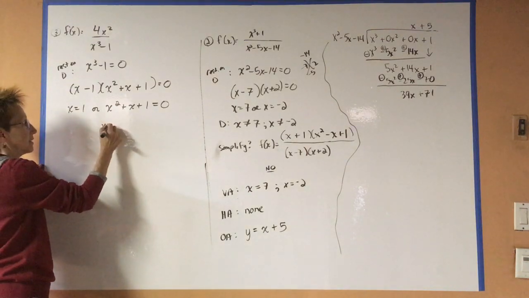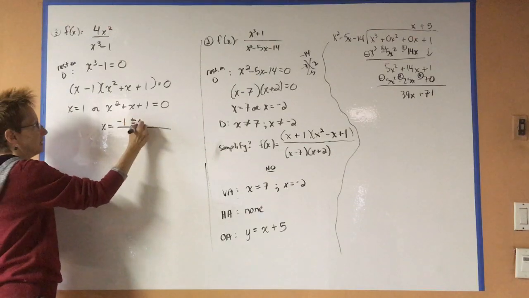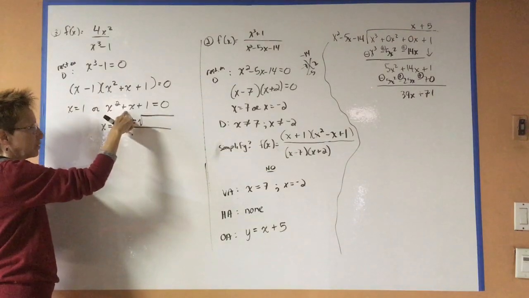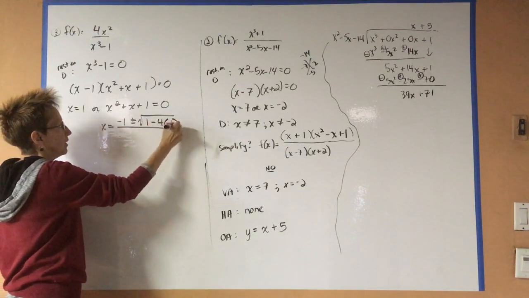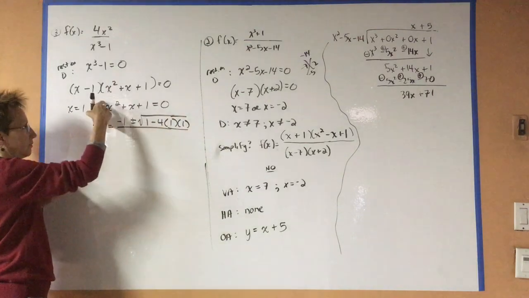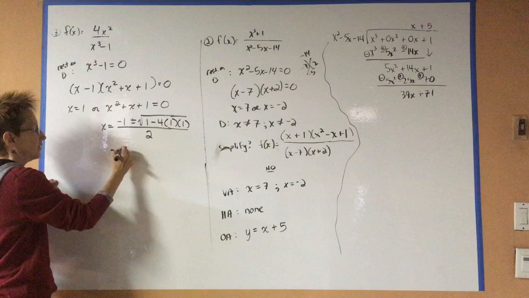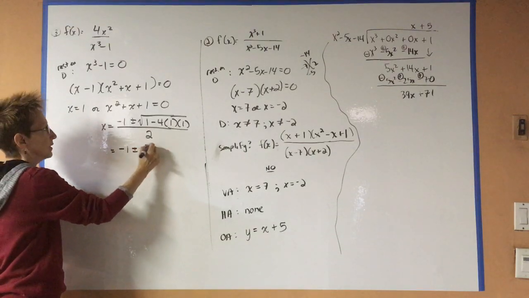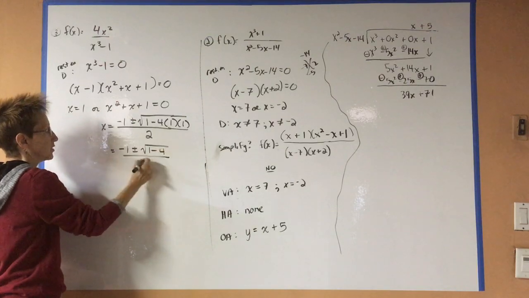Quadratic formula says x is equal to the opposite of b, so -1, plus or minus the square root of b squared, so 1 squared, which is 1, minus 4 times a, which is 1, times c, which is 1, all over 2 times a, which is 1, so 2 times 1 is 2. And as I start to figure this out, I have -1 plus or minus 1 minus 4 over 2.